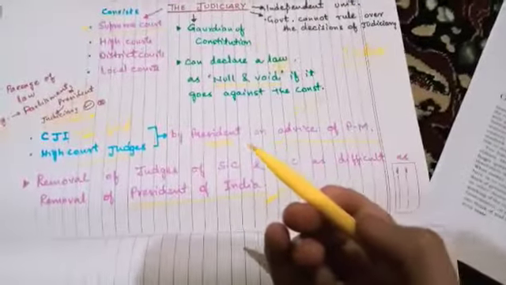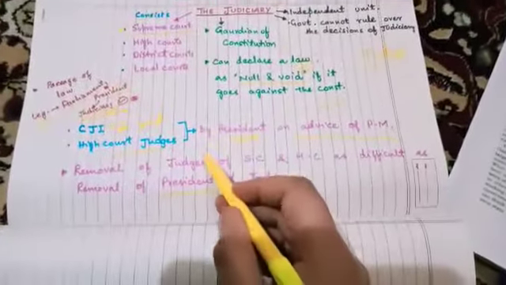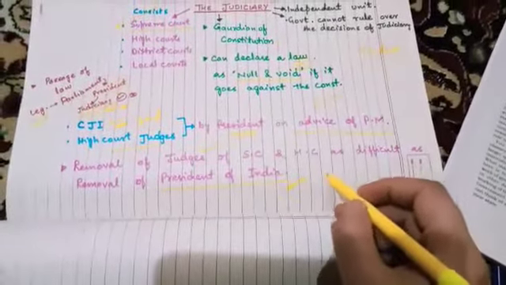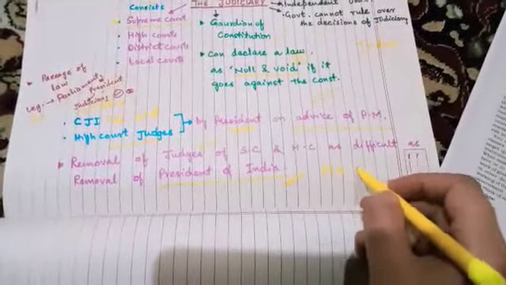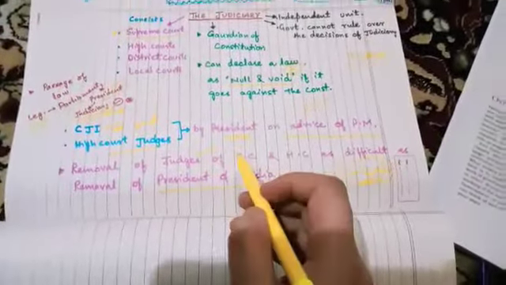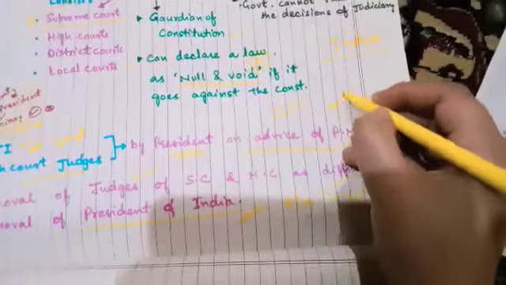If there is a need to remove a judge, one has to prove the majority in Lok Sabha plus Rajya Sabha, and only then can the judges be removed. That process is called the impeachment process.